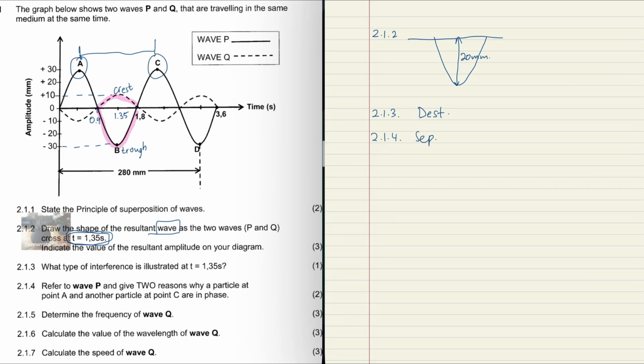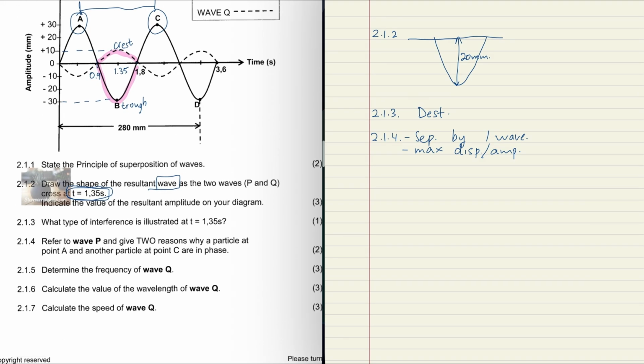Between A and C is actually one wave. And also, point A and point C are at maximum displacement. They have the same amplitude or displacement, however you want to think about it.